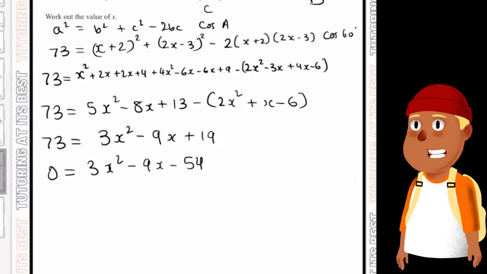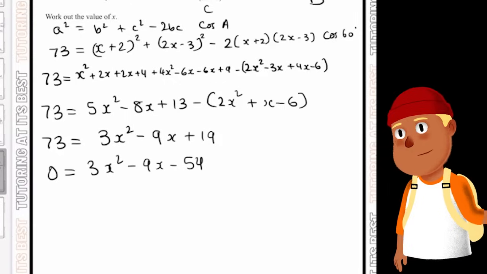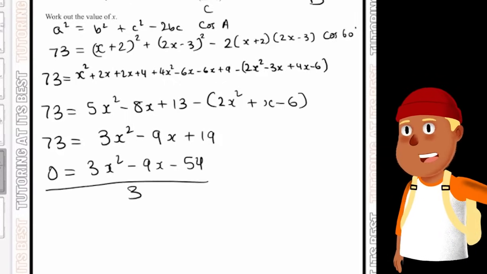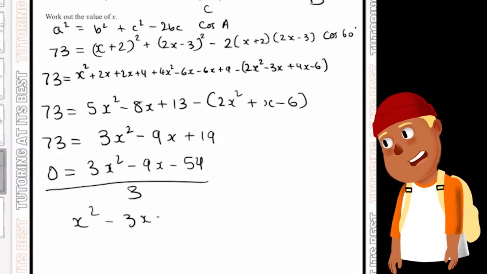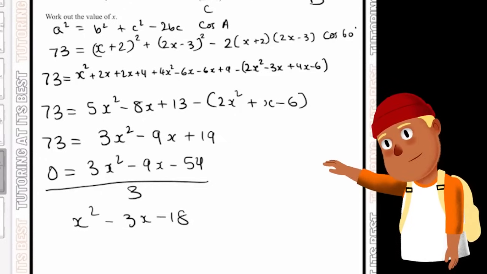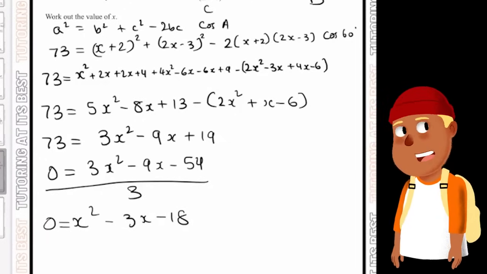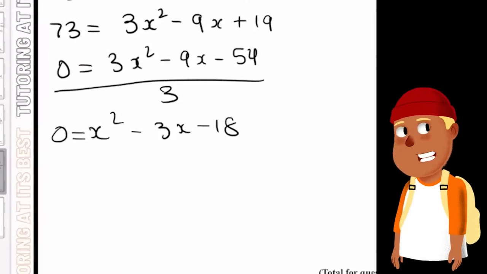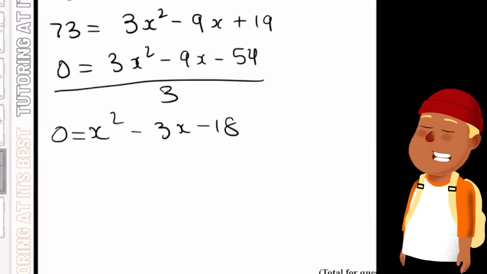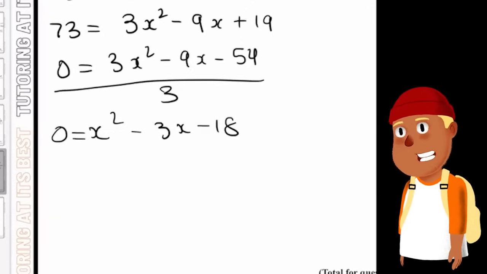I then need to simplify this equation by dividing everything by 3. So again, I'm left with x squared minus 3x minus 18. And that again equals 0. And then I need to factorize it. And again, I would use my AC method, where I need to find two numbers that multiply to make minus 18 and add to make minus 3.